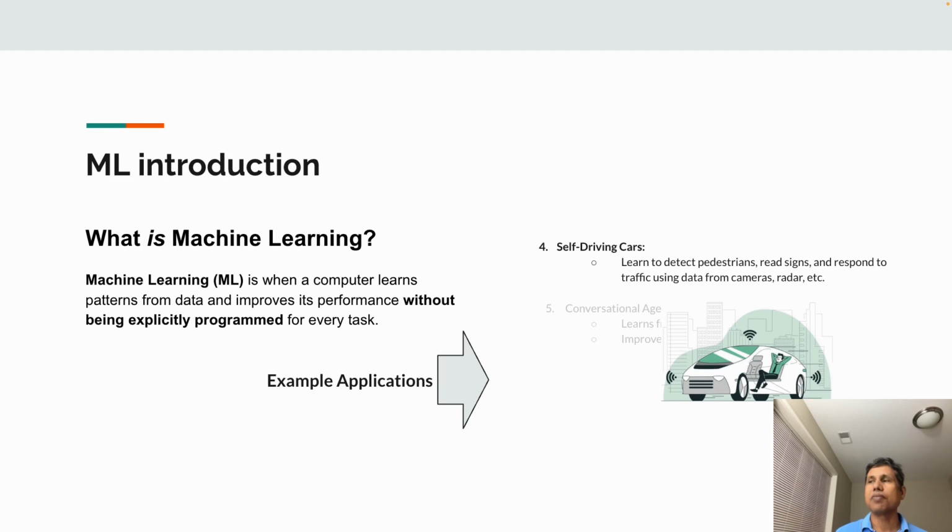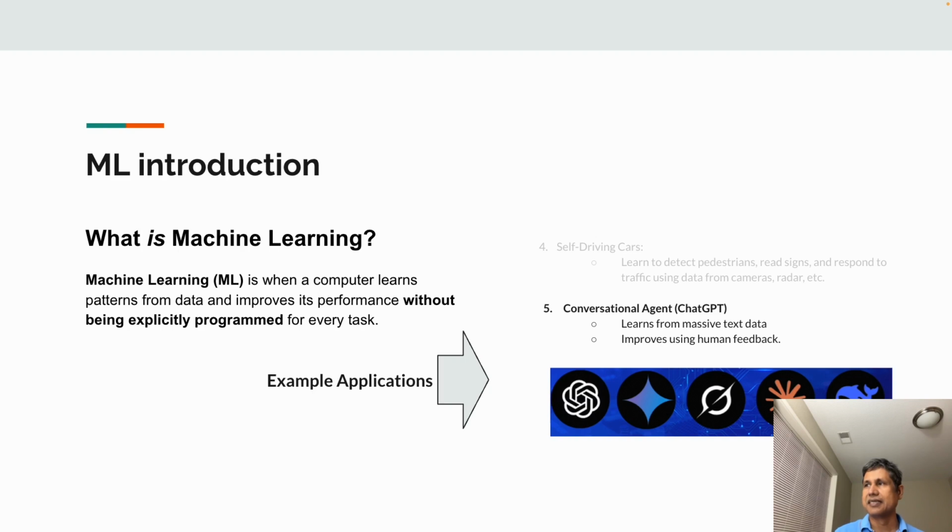Then we have more complex examples like self-driving cars. They learn how to detect pedestrians, road signs, and respond to different traffic scenarios. Input data coming from different sensors like cameras or radars. Okay, so these are examples of machine learning tasks. And then comes the conversational AI agents like ChatGPT.